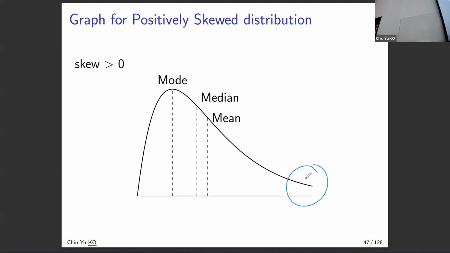You raise it to the power 3, then it will be very big. So that's why this ends up positive, and why it looks like this. That's why people call this positive skew or right skew, because right is the positives when we draw the number line in this way.